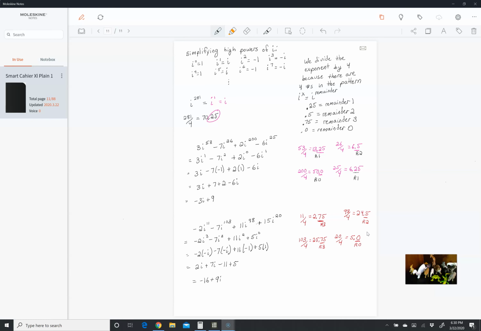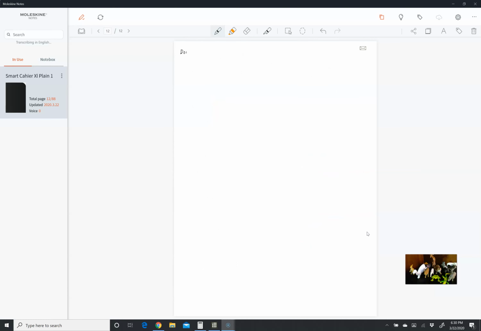Okay, so domain. An x value is in the domain of a function if its corresponding y value is real and defined.